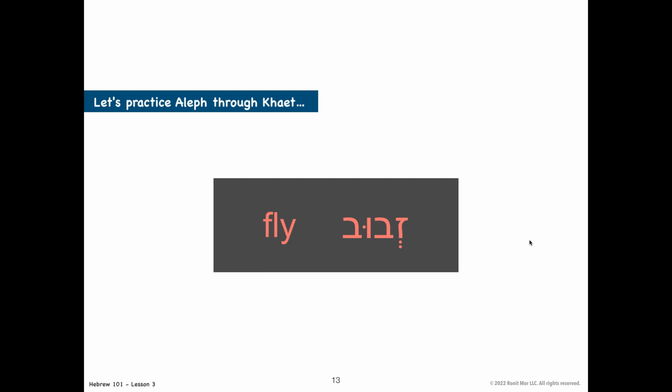So you know how in the Bible they say Baal Zbub? It's actually Baal Zvuv. Zevuv. Okay? So it's a fly. Literally, it's the fly that always flies around the trash.